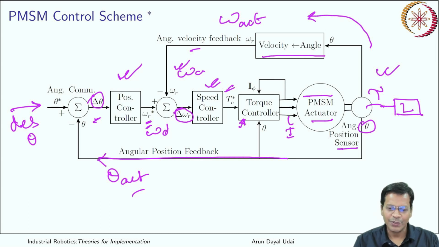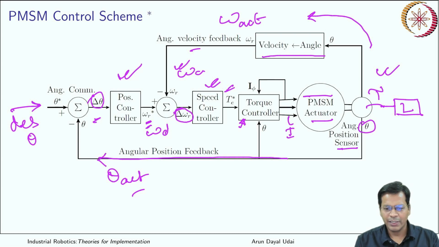Now there is an interesting part over here. You are feeding the angular difference, and you have a controller which gives you a desired omega, that is the angular velocity.